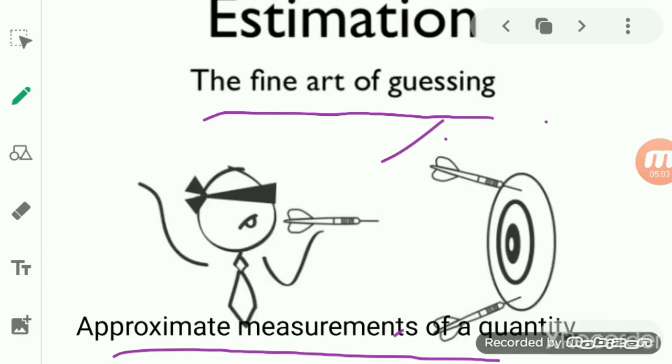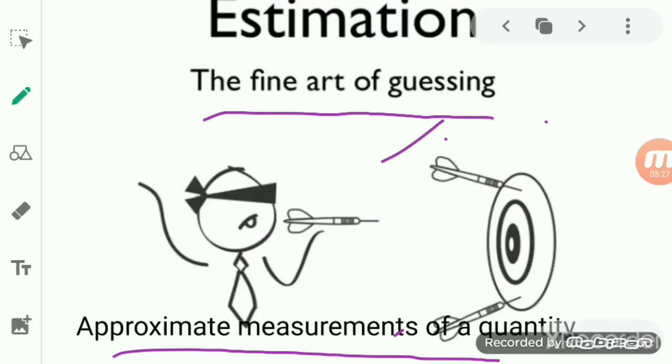Estimation is useful as it saves our time, because you don't need a measuring tape, so it is going to save a lot of time. Second, it eliminates the need for elaborate measurement. It means the same thing, that it saves time and hence eliminates elaborate measurement.